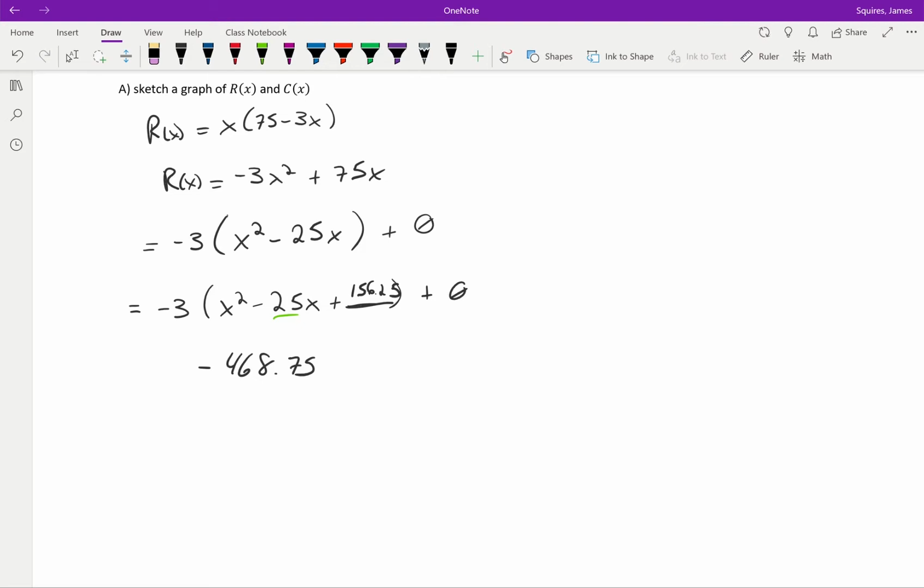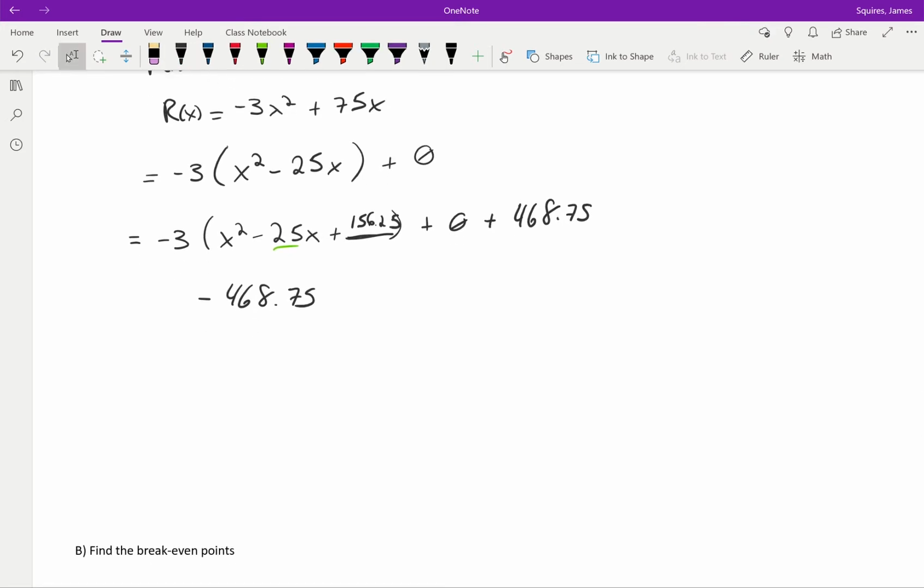So if we are subtracting 468.75 on the right hand side of the equation, then we're also going to have to add 468.75 on the right hand side of the equation.